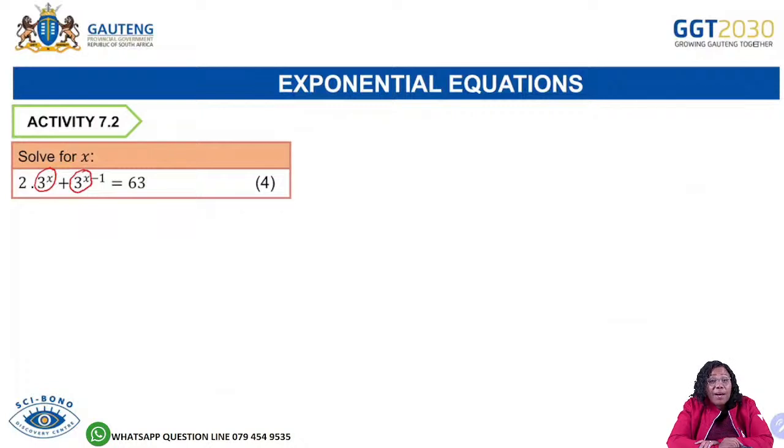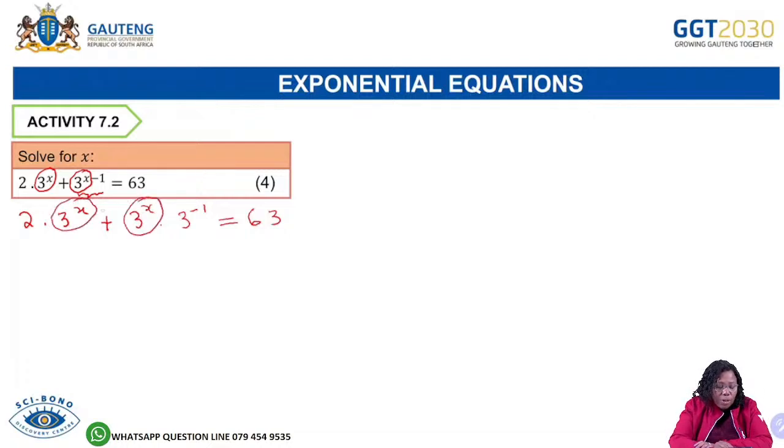The minute you have identified that common term, we are going to deal with this one and separate the exponents there. You have 2 multiplied by 3 to the power x plus 3 to the power x. We are now separating this back to the separated bases, and this is equal to 63. Now we can target what we said.